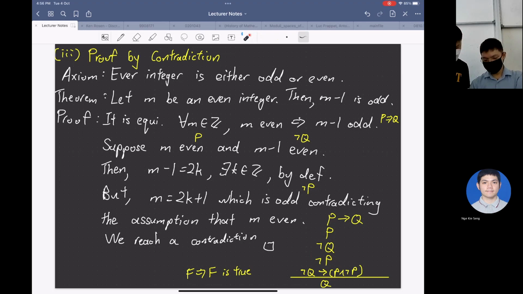So from here you got these two. This is what I wrote.